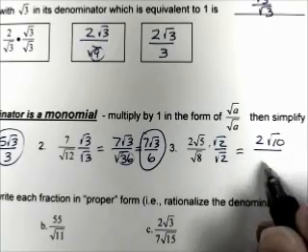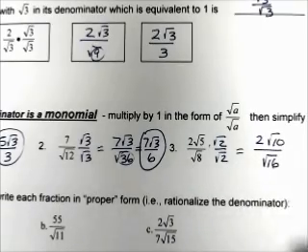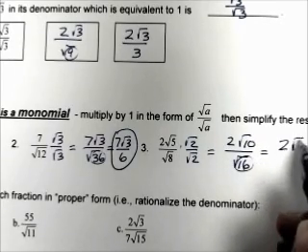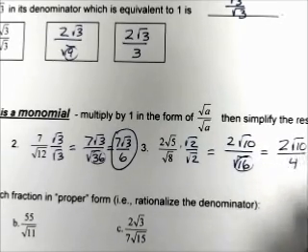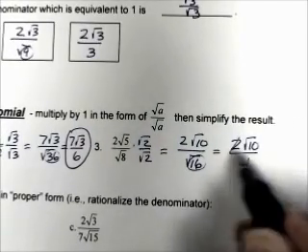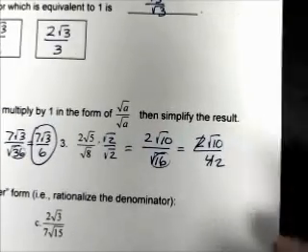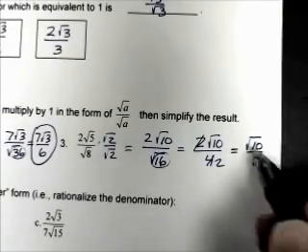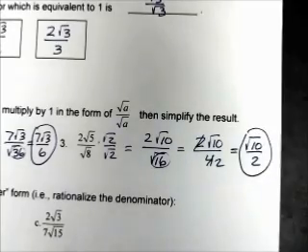Square root of 8 times square root of 2 is square root of 16. But this is a perfect square, so that's 2 square root of 10 over 4. Can this fraction reduce? Yes, the 2 and the 4 reduce. So we have a final answer of square root of 10 over 2.